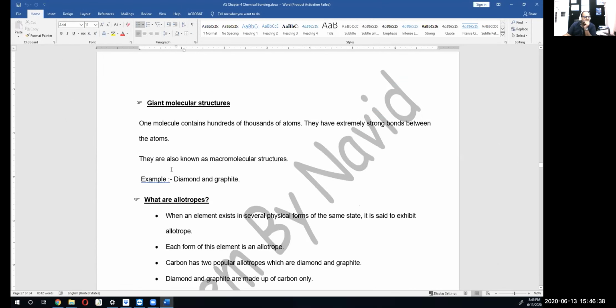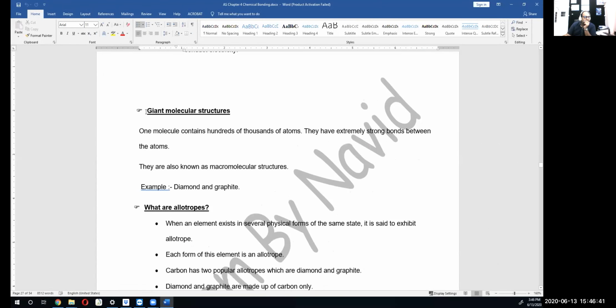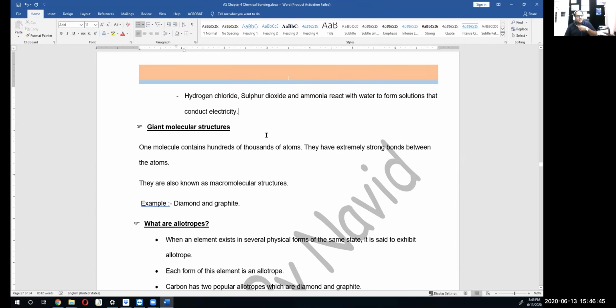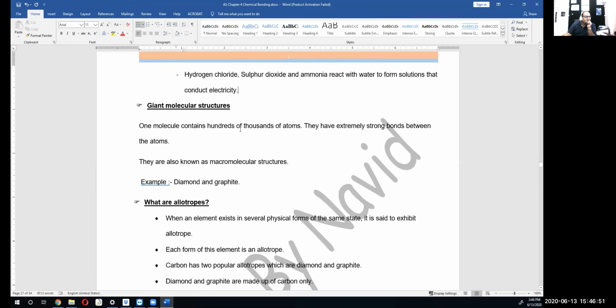Okay, so next is giant molecular structures. So what is a giant molecular structure? A giant molecular structure contains hundreds or thousands of atoms in one molecule.